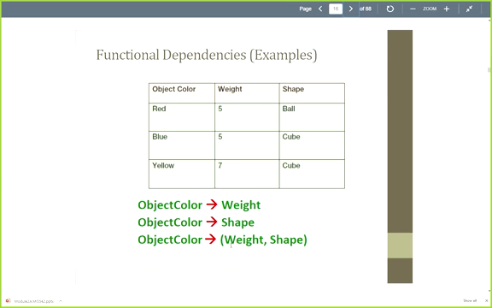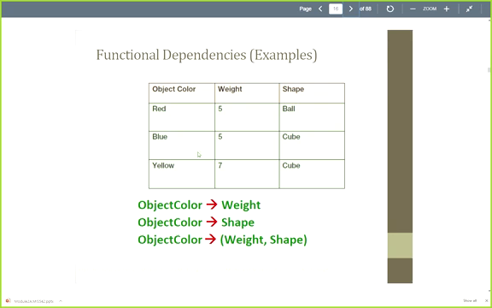But if you ask the question reversely, if I know something weighs 5 pounds, I don't know the unit here, but say 5 pounds, what color do I know it is from this particular table? You don't know. It could be blue, it could be red, because you know 5 matched to 2.